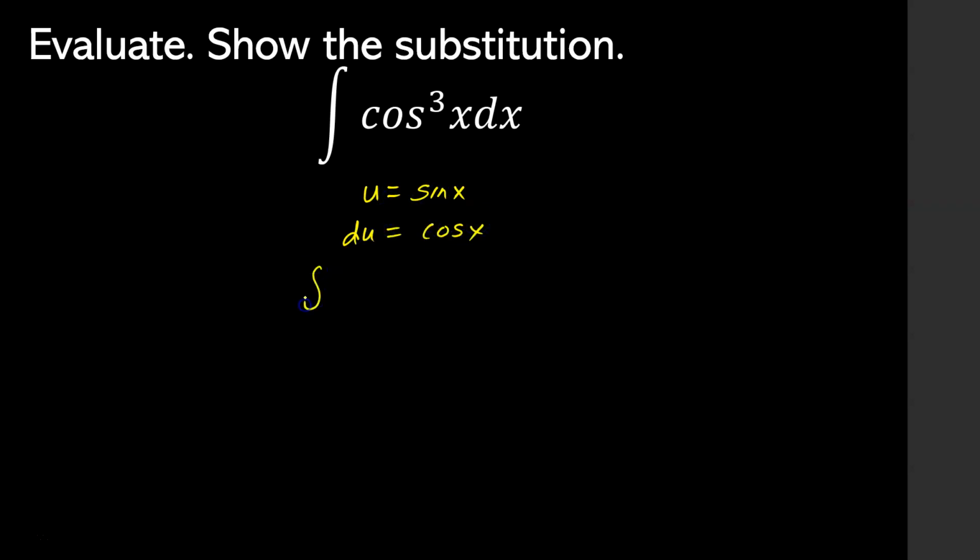Which means, I guess, when we do a substitution, we'll end up with cosine squared x times cosine of x dx is going to turn into, although I don't have any u's, so what the heck am I talking about?